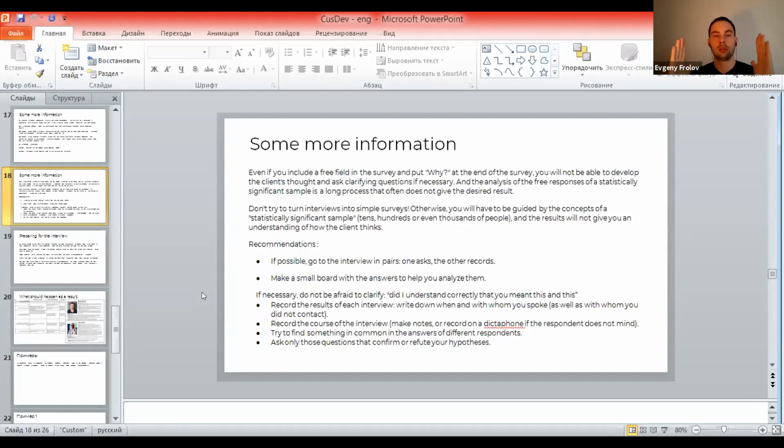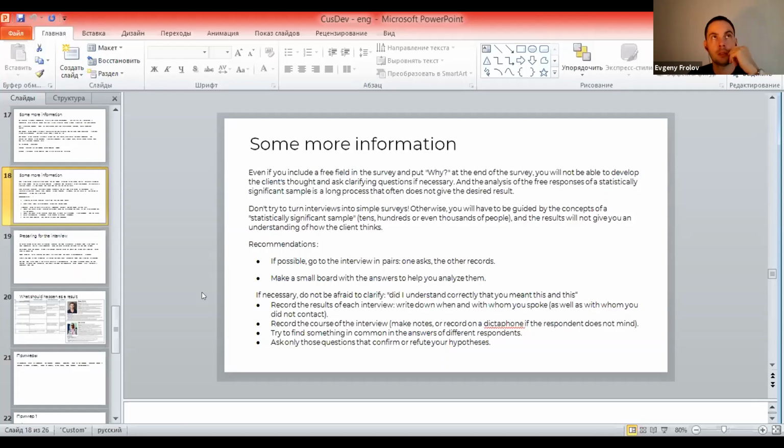So this tool helps you to make an analysis. If you have just a record, you don't have this opportunity to compare all this, because you have 40 minutes of one interview, 40 minutes of another, and so on.